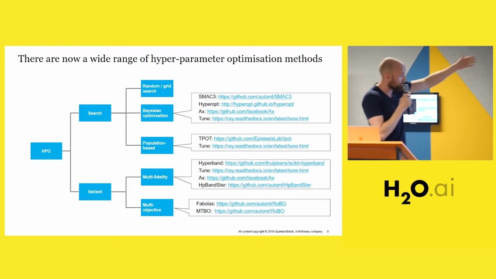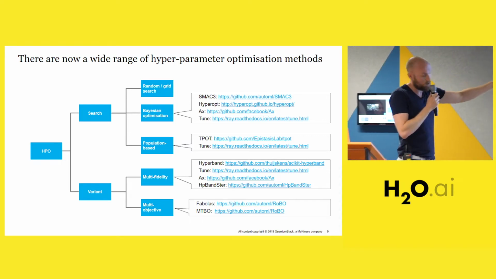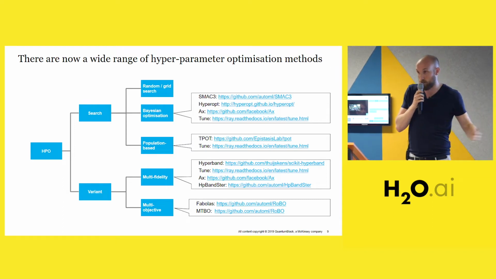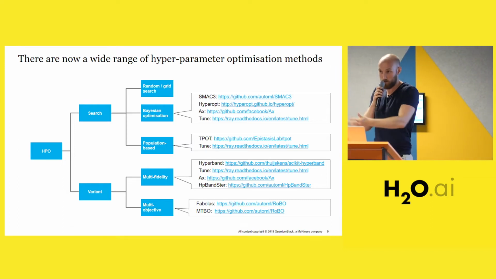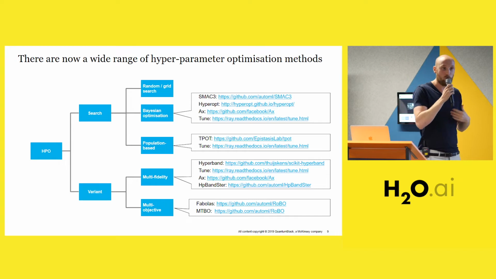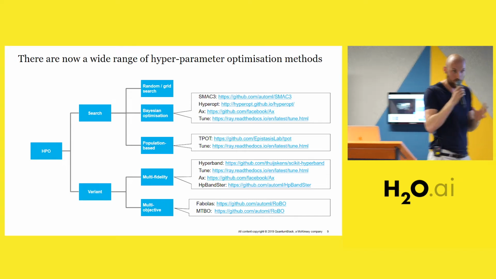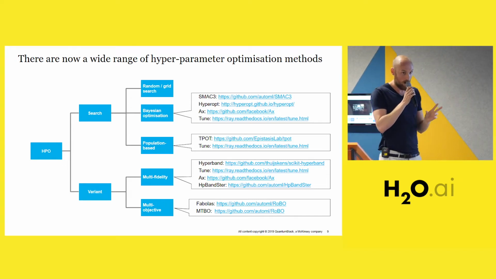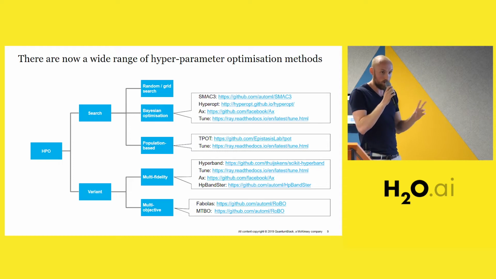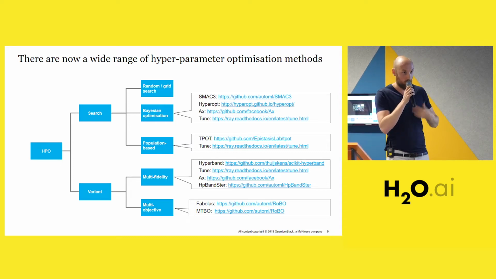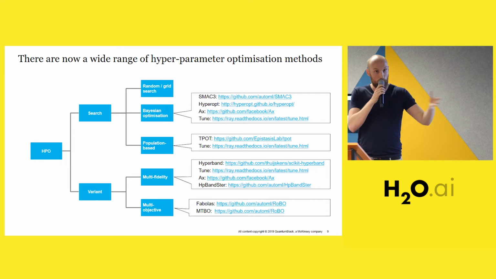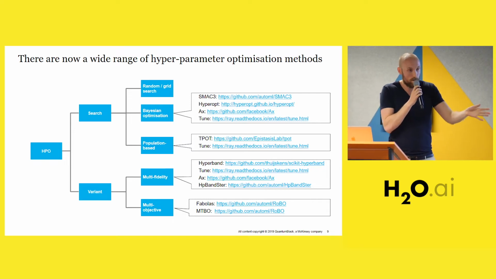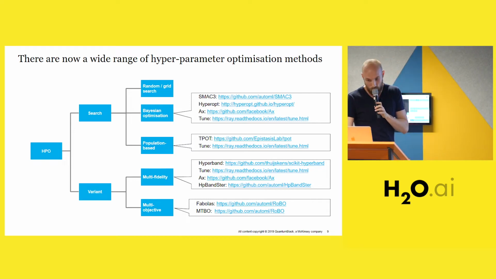Another approach that people do is what you could call a population-based approach, and this is much closer to what Marius was discussing in the previous talk. This would be something like genetic programming. You're trying to mutate the parameters of your model depending on what works well and what does not work well, and that way explore the parameter space in a slightly more efficient manner.